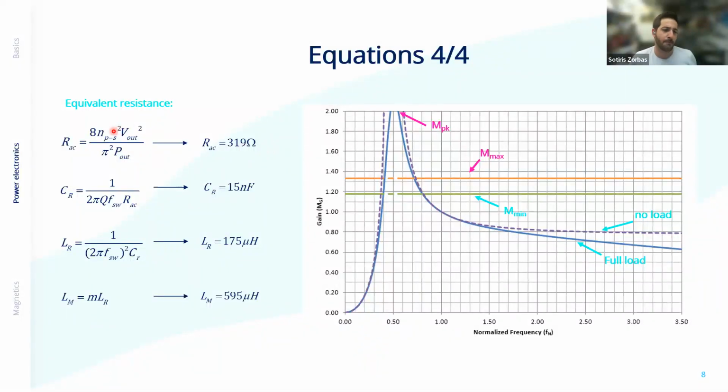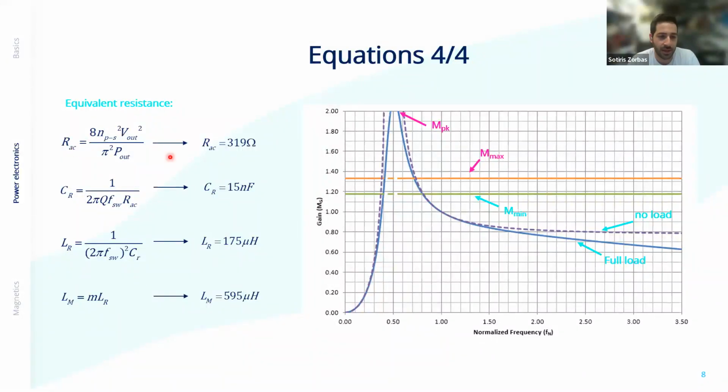The one thing that we need to calculate before getting into the magnetics and the LC tank is the AC resistance of the load. Don't let this confuse you. We're talking about the load at the output of the LLC converter as reflected back to the primary side.